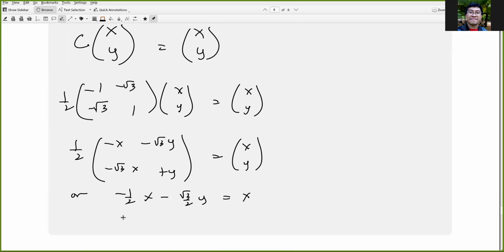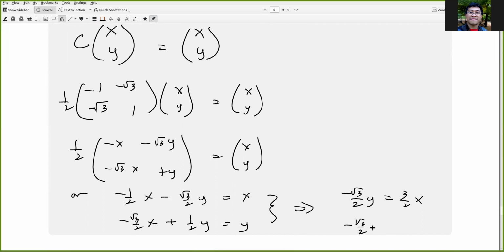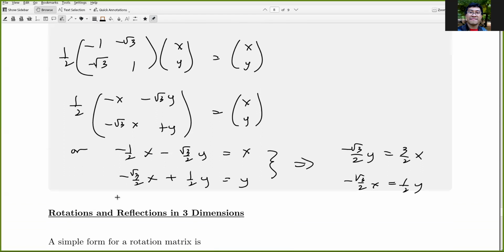Or here, the lower row, negative square root of 3 over 2 x plus 1/2 y equals y. These two can simplify to negative square root of 3 over 2 y equals 3 over 2 x, or negative square root of 3 over 2 x equals 1/2 y. Both of them are just equal to the line. So it gives us the line y equals minus square root of 3 x.